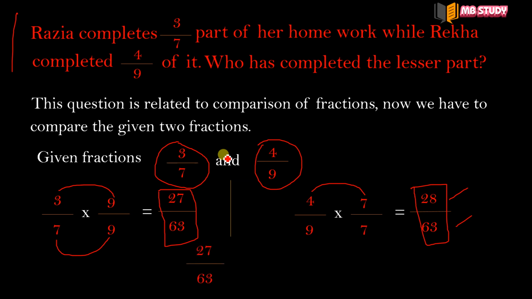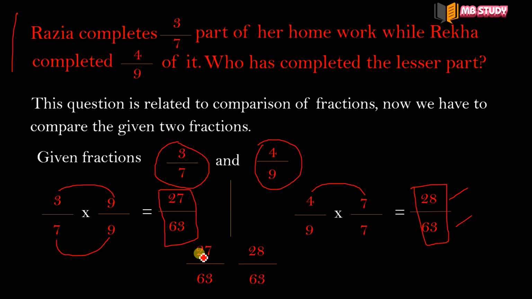Now we have to compare these two. Denominators are equal, therefore we have to compare only numerators. In numerators, whichever is bigger, that fraction is the bigger fraction.